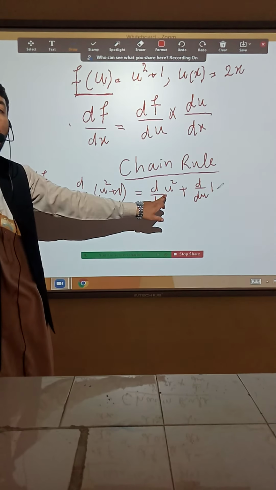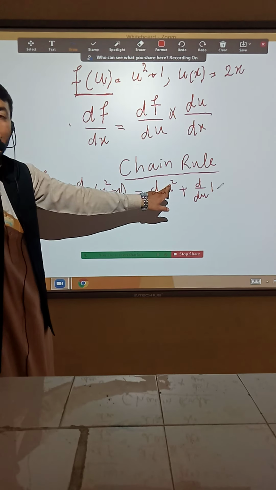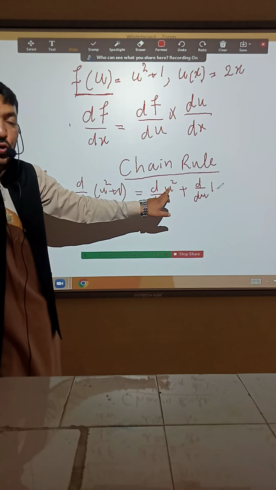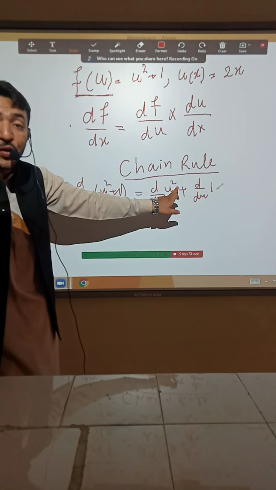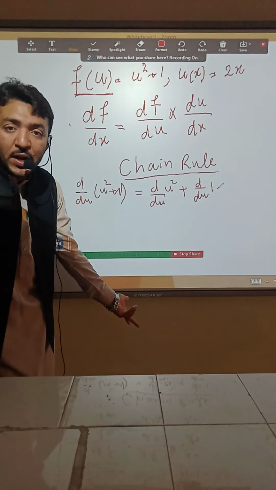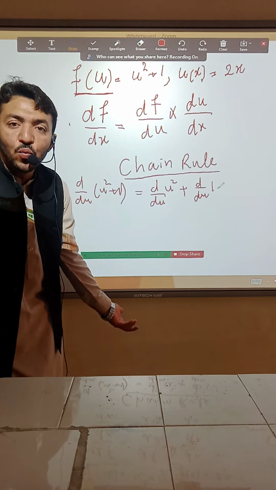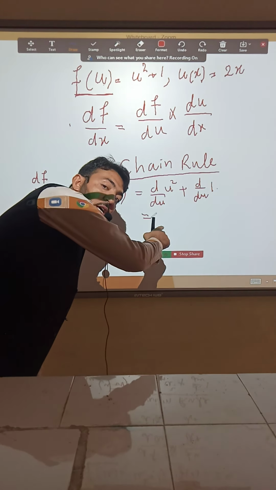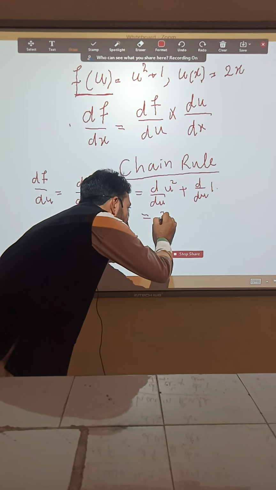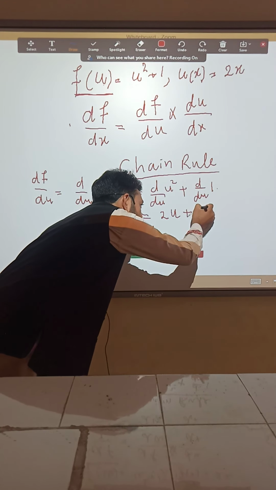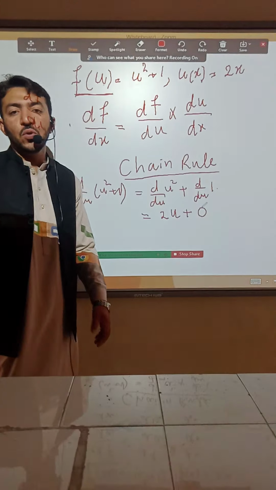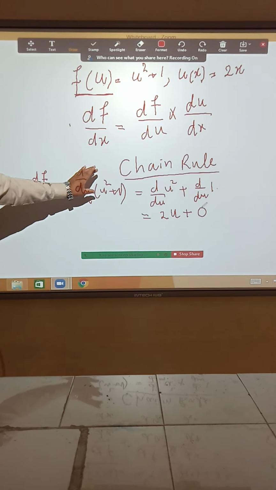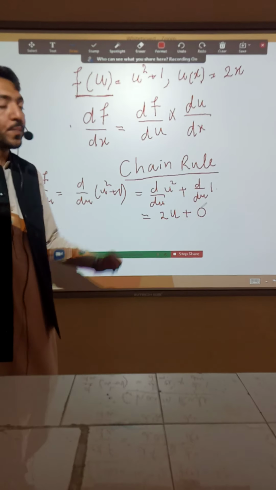Here we will use the power rule. 2 will be written as the coefficient of u, and you need to subtract 1 from 2, so you will get 2u, and then the derivative of u with respect to u is equal to 1. So according to the power rule, the derivative of u square with respect to u will be equal to 2u, and the derivative of a constant is always 0, which we discussed in the previous lecture. So from the derivative of u square plus 1 you get 2u.